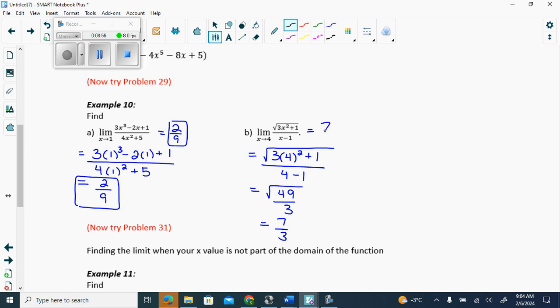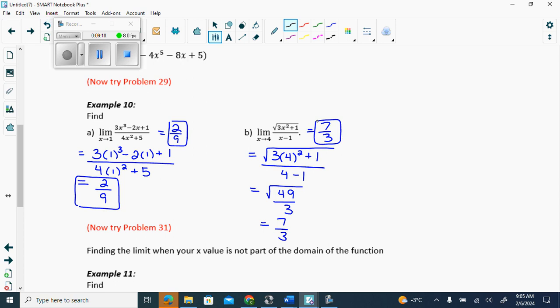So is this a continuous function? I just asked, is it a continuous function? No, that would mean the whole thing has to be continuous. Is it a continuous function? No, where's my problem at? X equals 1. When x equals 1, I have issues, correct? That would cause an asymptote. It's not going to cancel off.